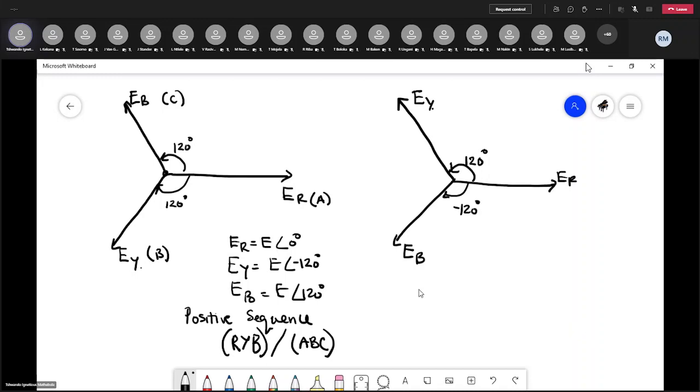This is the same ER, it's E angle 0 degrees. EB is E angle minus 120 degrees, EY is E angle 120 degrees. And this is now called a negative sequence.